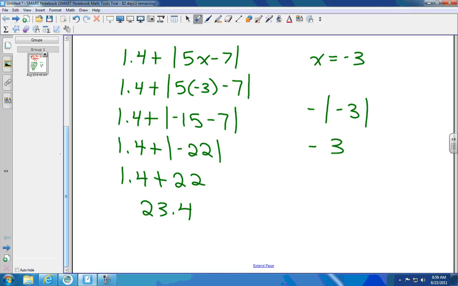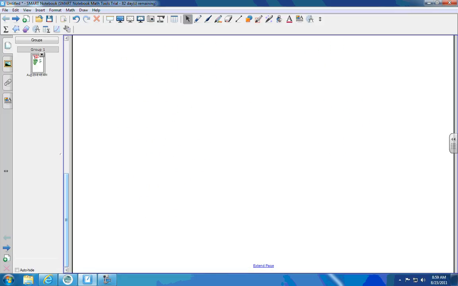So the other thing is solving the absolute value equations. There's one step you must do in order to get these right. Since absolute value can be to the left or the right of 0, you've got to change them a little bit when you solve the equation.